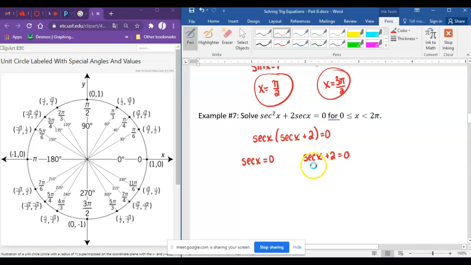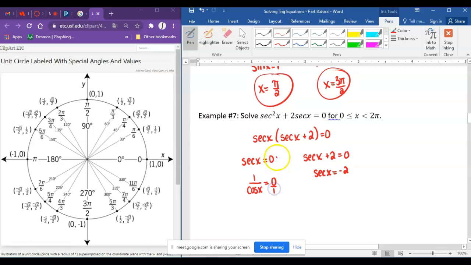Excuse me. And over here, this would be secant x equals -2. Now, like I said, secant is not on our unit circle, so we need to think about what we've got here. Secant is 1 over cosine of x.